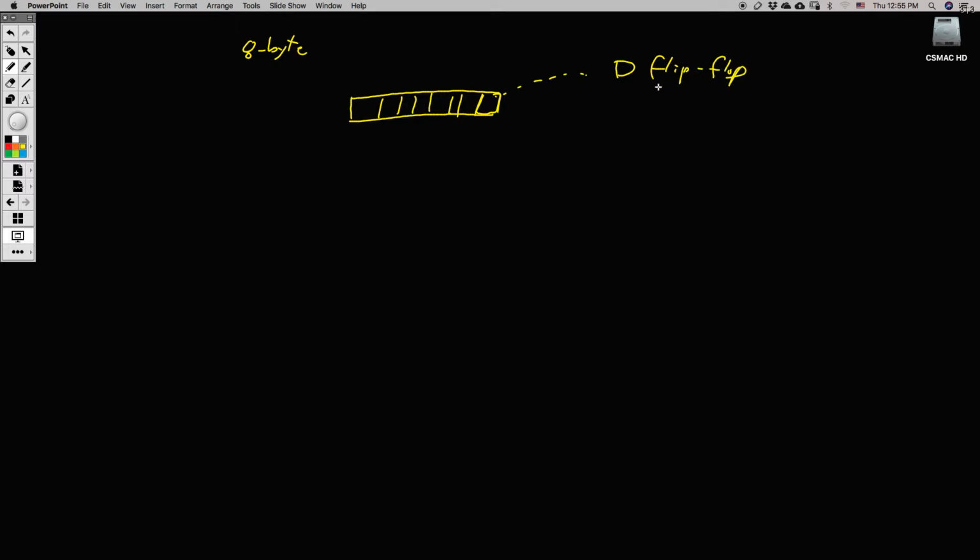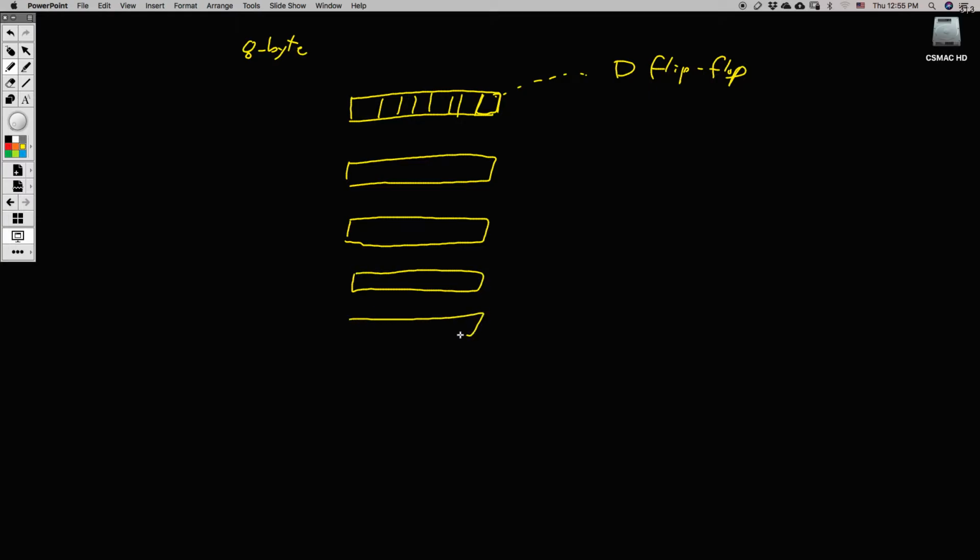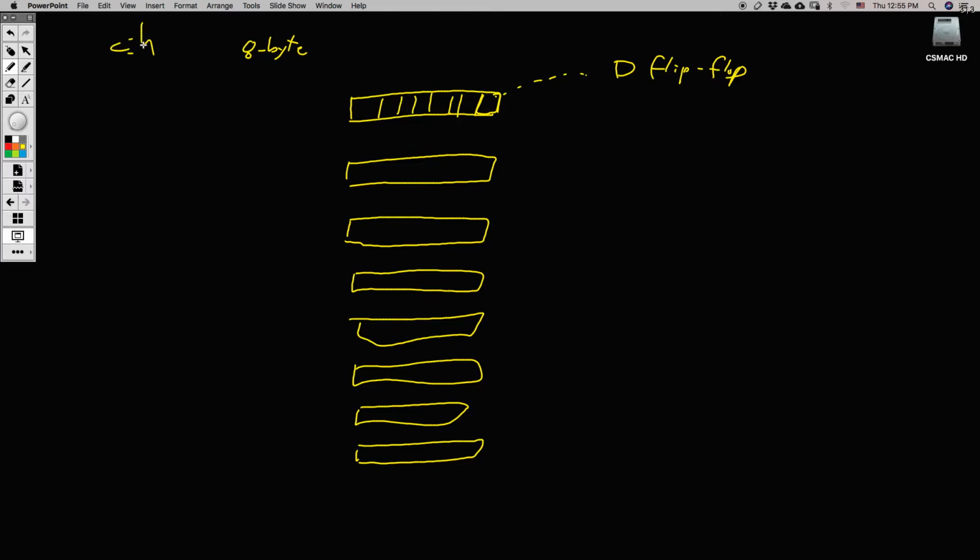One D flip-flop is a 1-bit storage, so we use 8 of them together to construct 1 byte. So we have 8 of them, 2, 3, 4, 5, 6, 7, 8. So we have 8 bytes. We are considering a typical internal structure of an 8-byte memory chip.